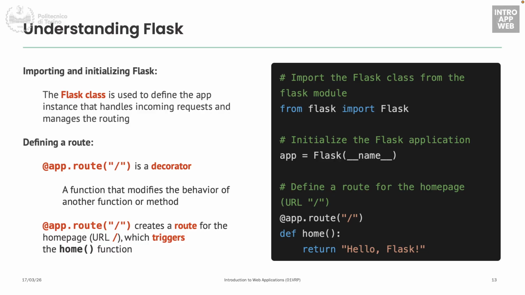So it is not just about calling that function: when the route is set to that specific string, the function is invoked and retrieves something. Basically, it creates a route for the homepage URL and triggers the home function.